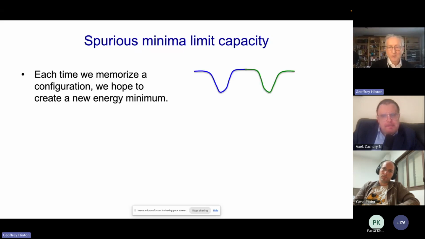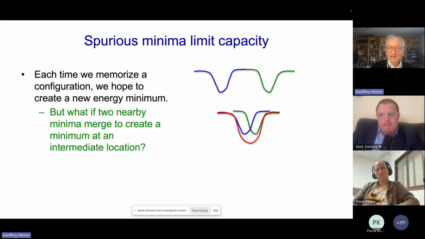For example, we might create 2 different energy minima like this by storing 2 different memories. But if the memories are close together, you might create a spurious minimum that's the sort of average of the 2 memories. And that's a problem. We've got now a false memory that's the average of these 2 memories.